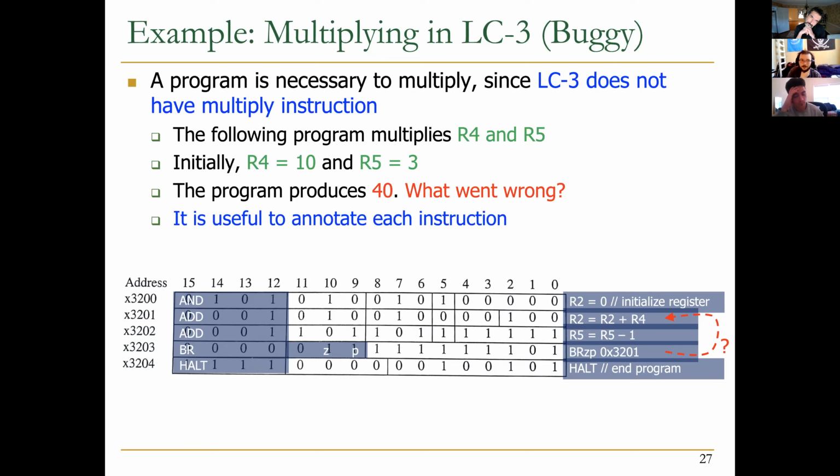You can always have an instruction to subtract 1 from R5 before you start the loop. Or you can have it branch on just positive and not 0 or positive. Yes, branch only positive works perfectly. We just need to change this instruction. But what I'm asking is, let's imagine we want to keep this branch 0 or positive. Is there any other change that we can make in the program in order to fix the bug?